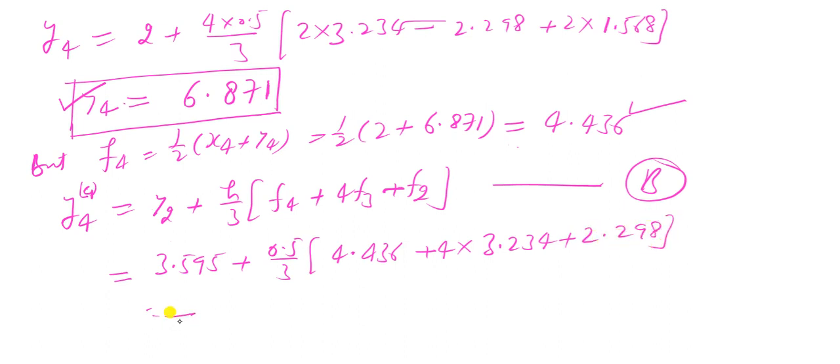Simplify this with the help of the calculator, then this value is 6.873, and this is the corrected value of y4, denoted by y4 of c1, that is the first iteration for the correction.